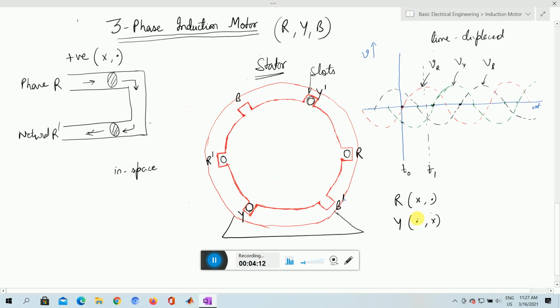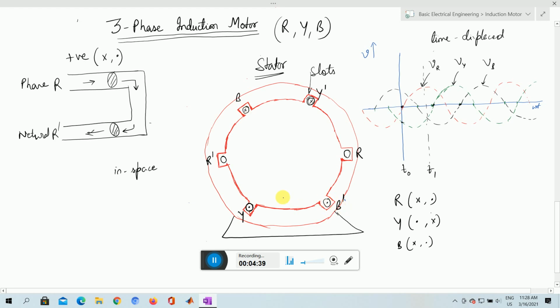It is negative because its magnitude is negative, so first a dot and then a cross. Similarly, B phase is positive, so it has a cross and then a dot. B phase is here, B and B dash.